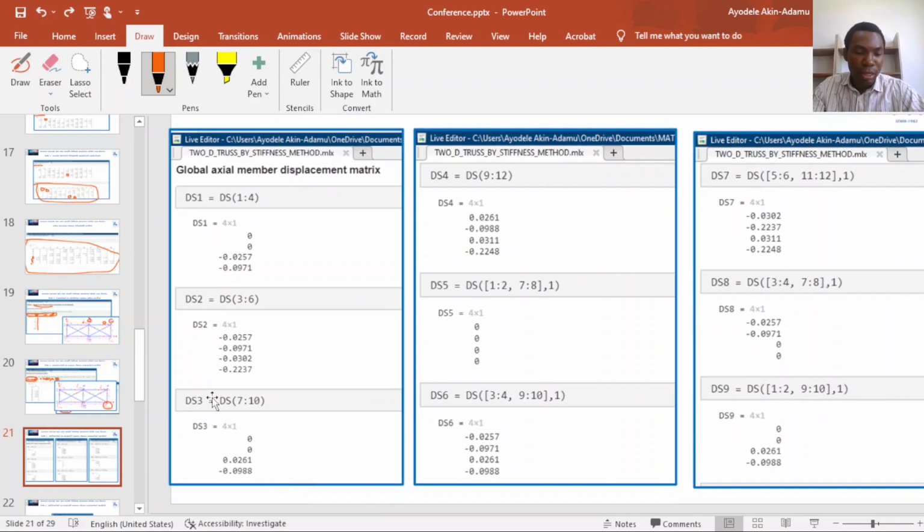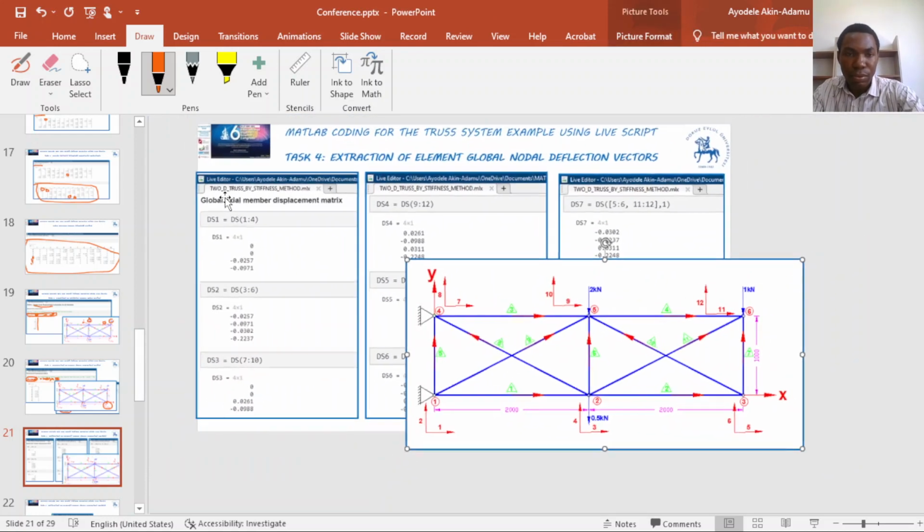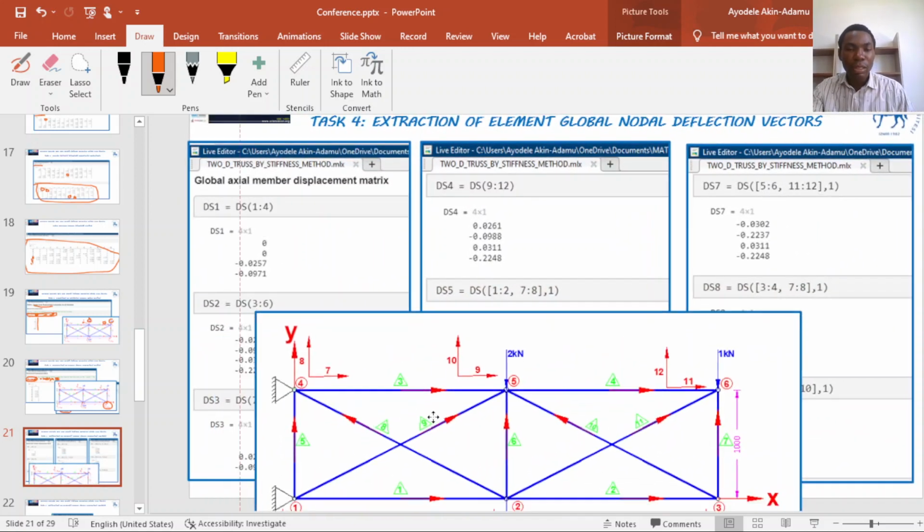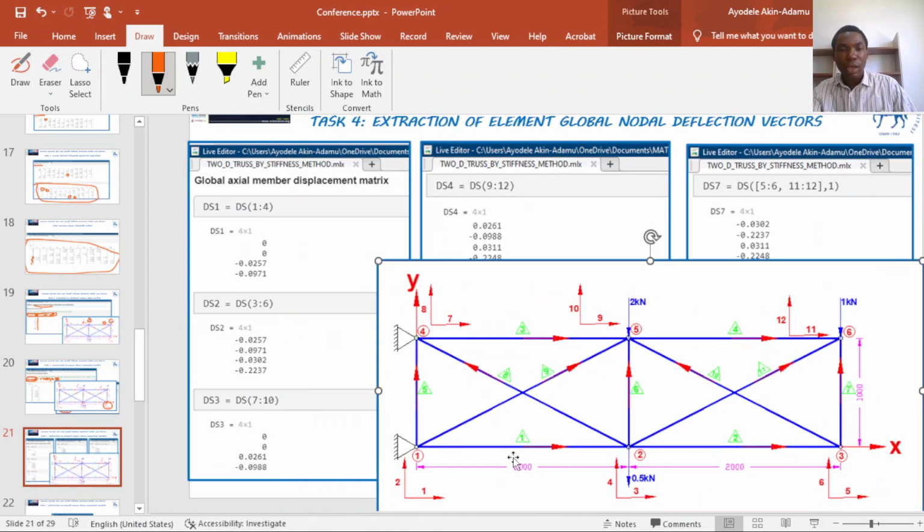For each element, we can define a displacement vector. Because each element has 4 degrees of freedom, each element is defined by a 4 by 1 displacement vector.